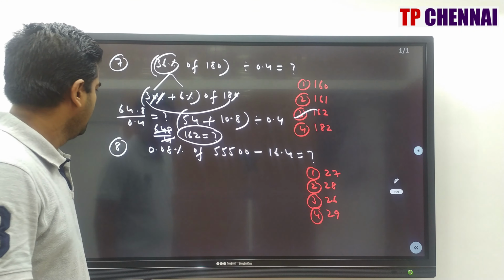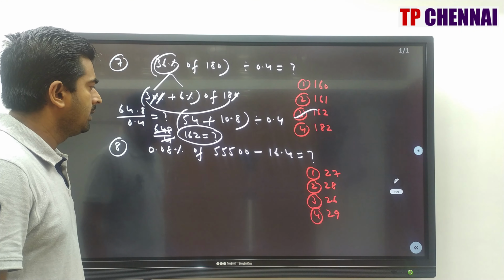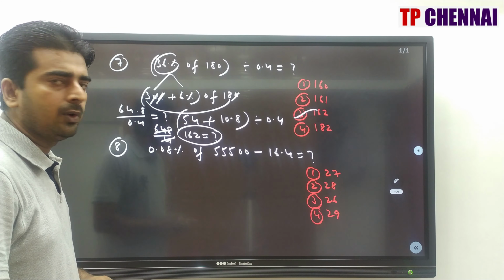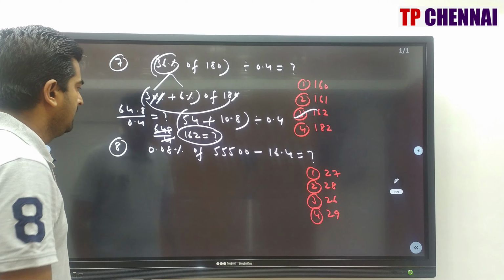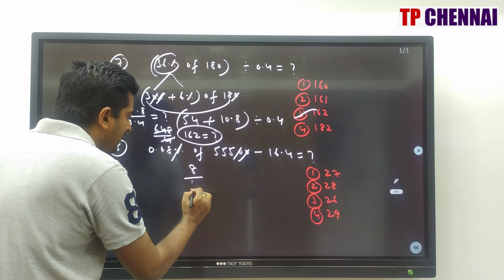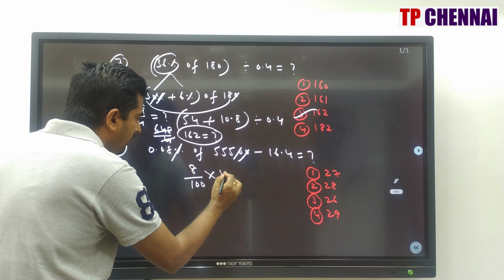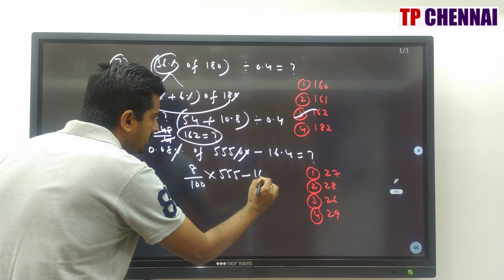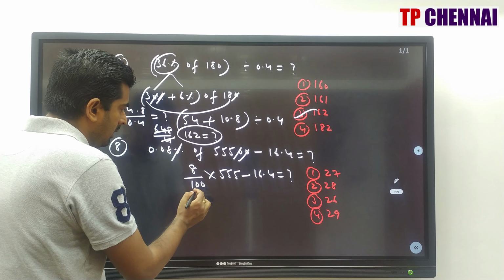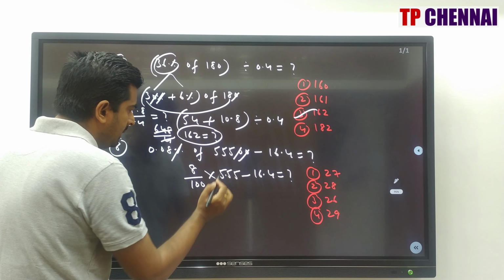8th one, 0.08% of 55,500 minus 16.4 is equal to question mark. So first percentage and double zero will go. This is 8 by 100 into 3.5 minus 16.4 is equal to question mark. So when you divide this number, it is 5.55.